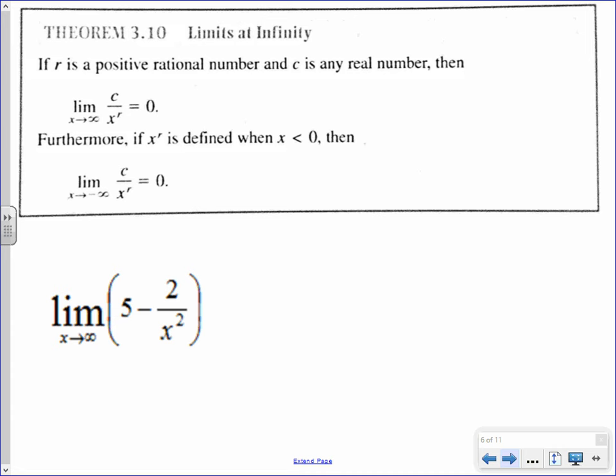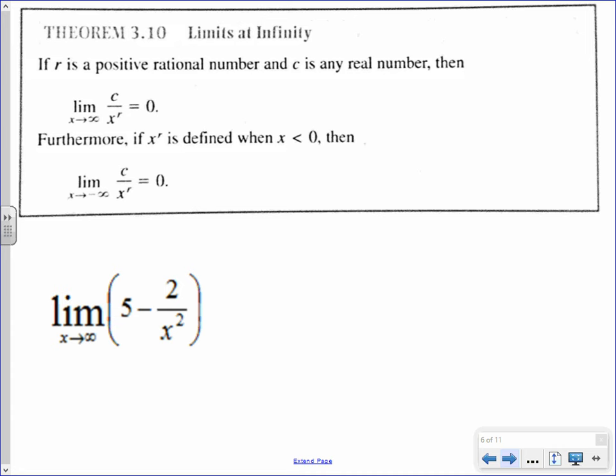This is the example that we're going to talk about. Basically, if we have x to a power, x squared, x to the 4th, x to the 16th, as you go towards infinity, that means that denominator of x squared, x cubed, x to whatever power is going to go to infinity or positive infinity.